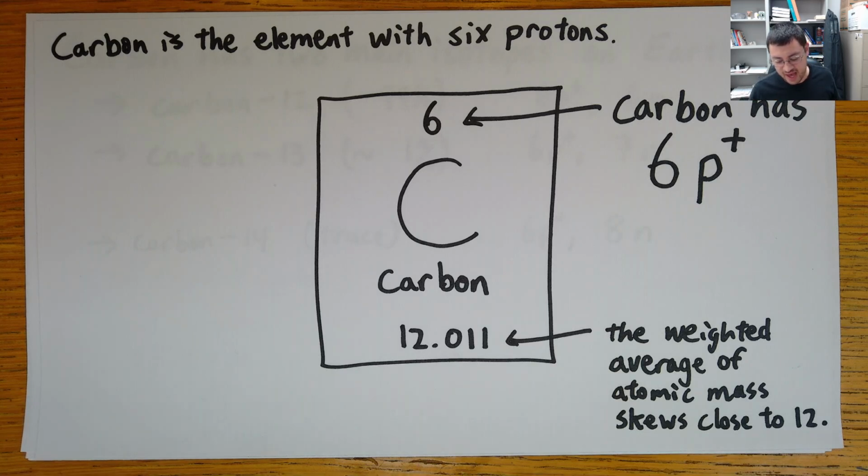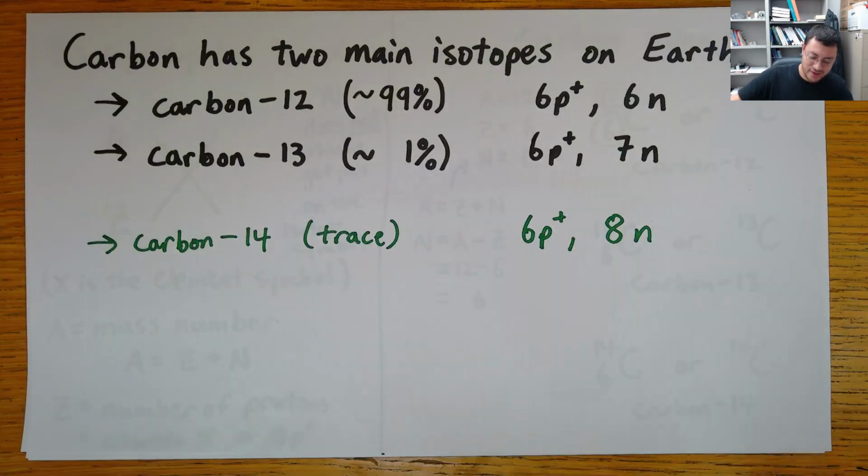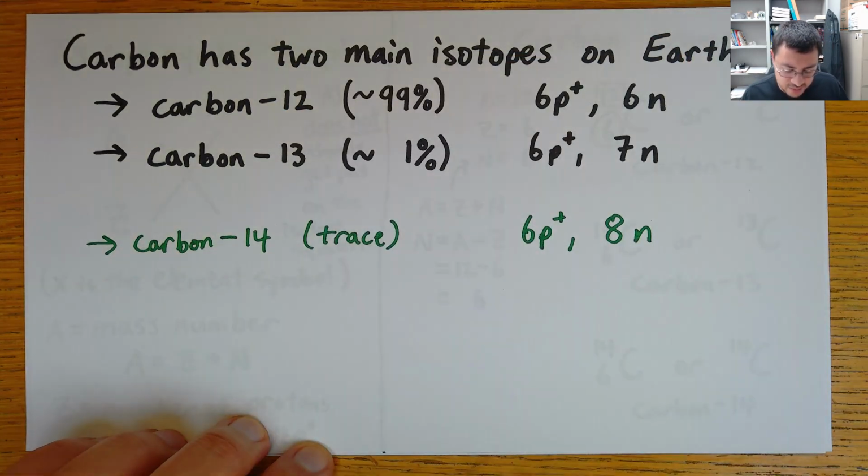We can see that on average, it's going to be closer to 12 because we have more of the carbon-12. You can't simply just add 12 and 13, get 25, divide by 2, and get 12 and a half, because that wouldn't accurately reflect that most of the carbon is carbon-12. Hopefully that makes sense. Okay, so those are the two main isotopes of carbon on Earth.